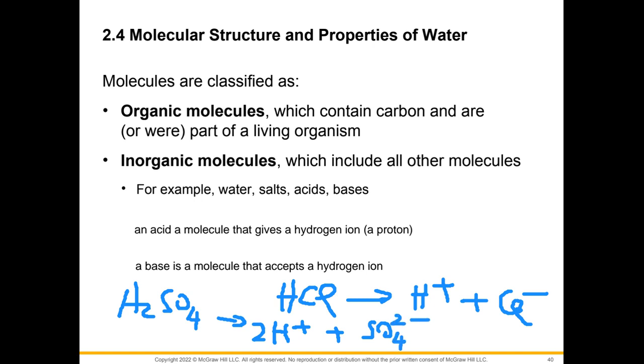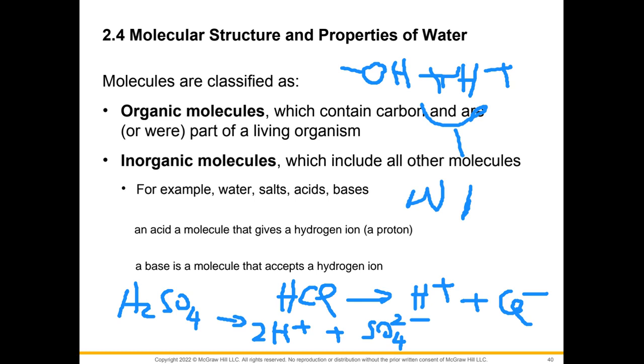A base, let's say OH is a hydroxyl, is the base, right? Now, if there's hydrogen ion in water, together, a base, like sodium hydroxide, for example, is a base, because you put sodium hydroxide into water, it becomes sodium, like this, and hydroxyl group like this.